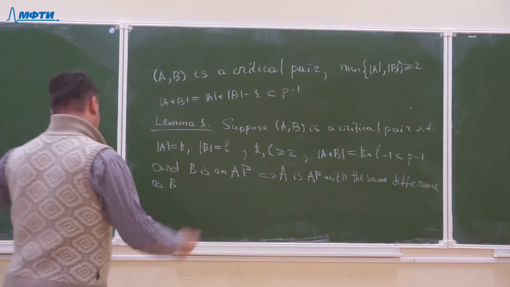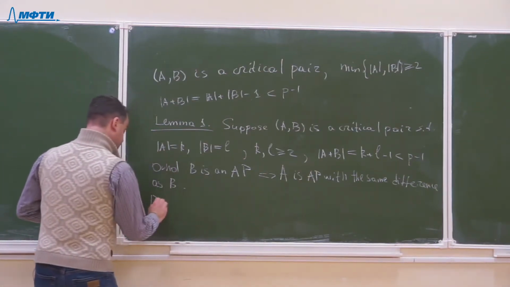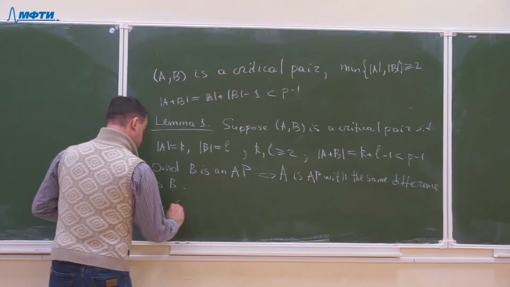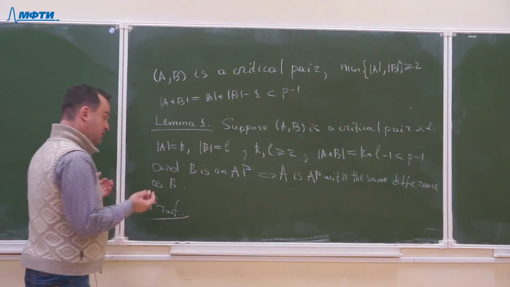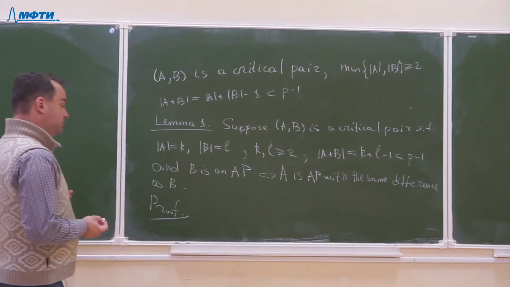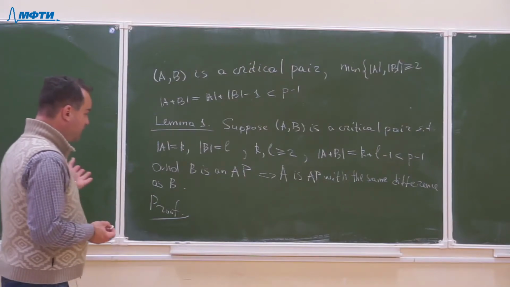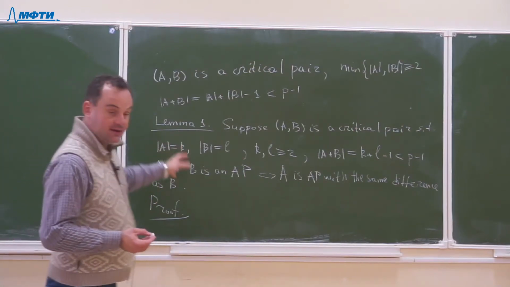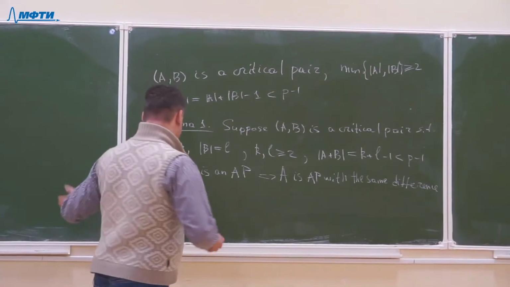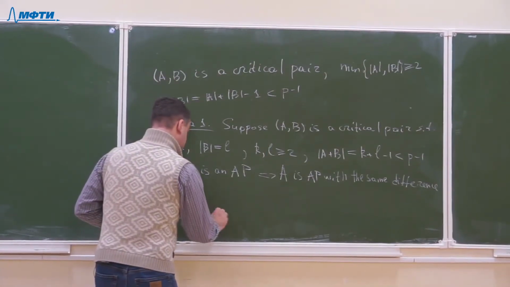Okay, let's prove it. We know that B is an arithmetic progression.